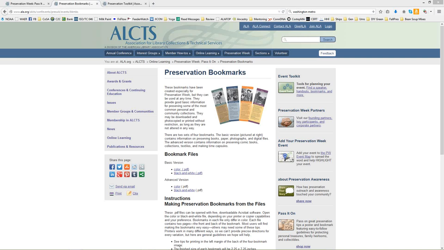And then Kathy is also mentioning that their library will be in a construction renovation phase for the next 18 months. So are there ideas that they can do to celebrate Preservation Week via their website primarily? Oh, definitely.